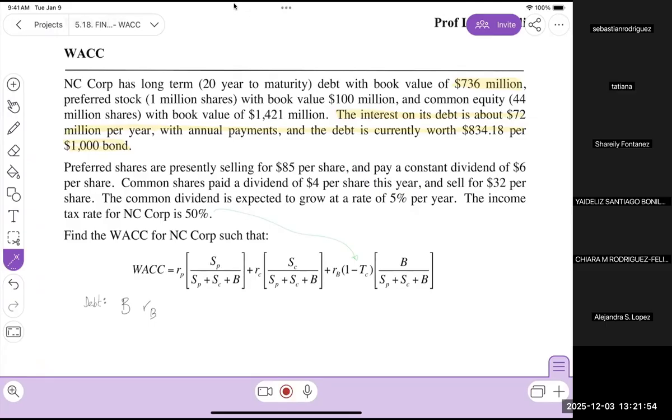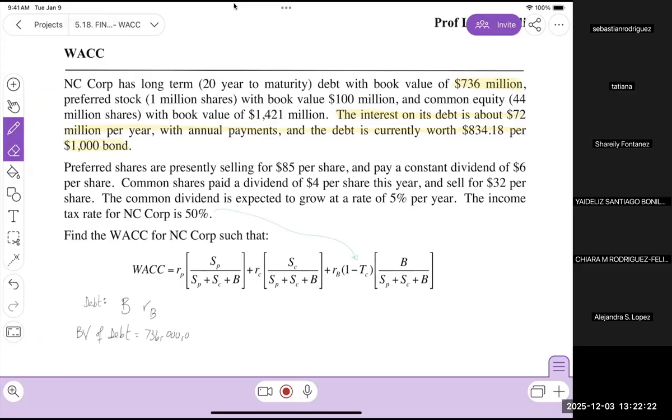I've highlighted in yellow. So the book value of debt is 736 million.